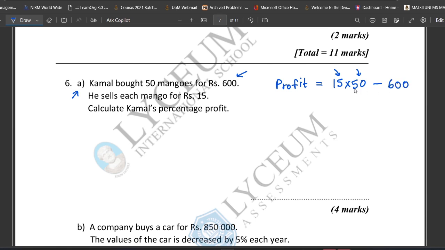So the answer should be 150. This profit is 150. They are asking percentage profit. So 150 over, we spent initially 600. For 600 rupees, we got 150 profit. Now times 100 we will get the answer. So that's 25%.